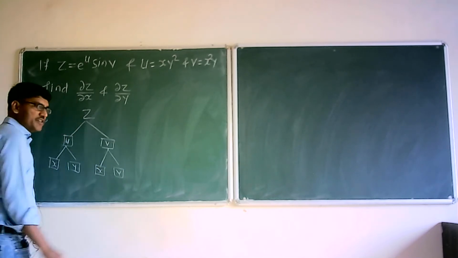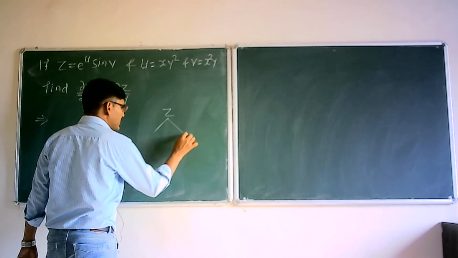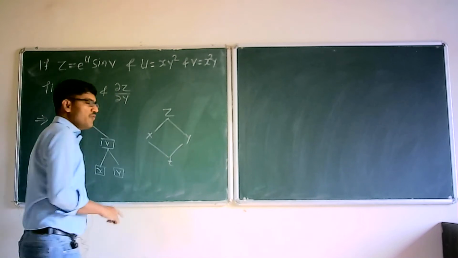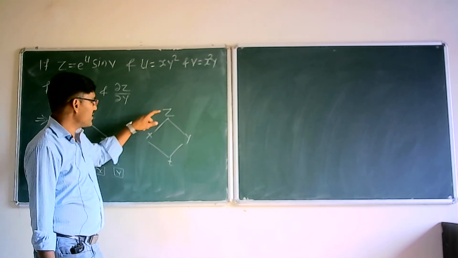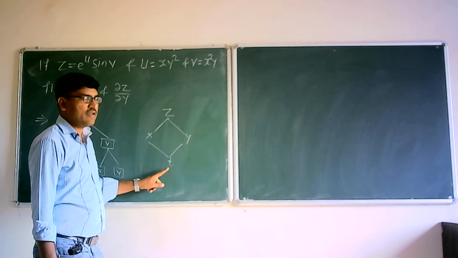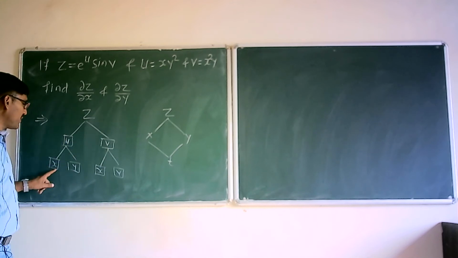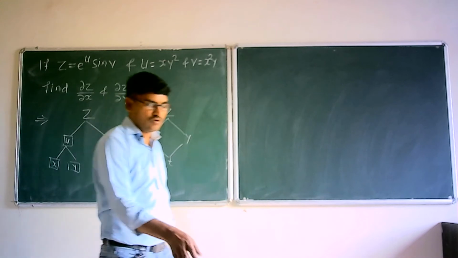In chain rule number 1, if z is a function of x and y, and x and y are a function of t, then we find dz by dt by using dabba z by dabba x and dx by dt plus dabba z by dabba y and dy by dt. But since here z is a function of u and v, and again u is a function of x and y, and v is a function of x and y, we are going to apply chain rule number 2.